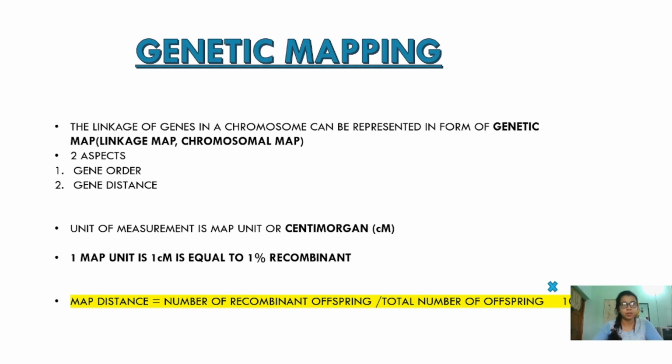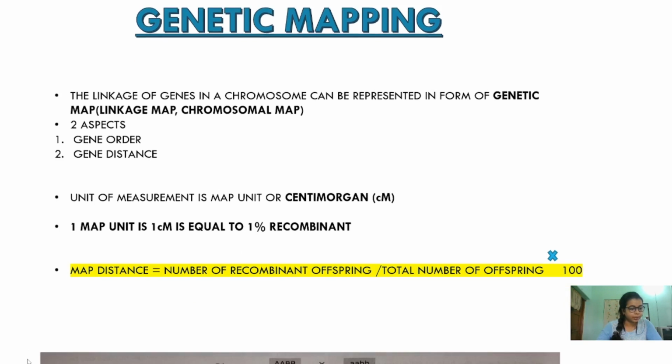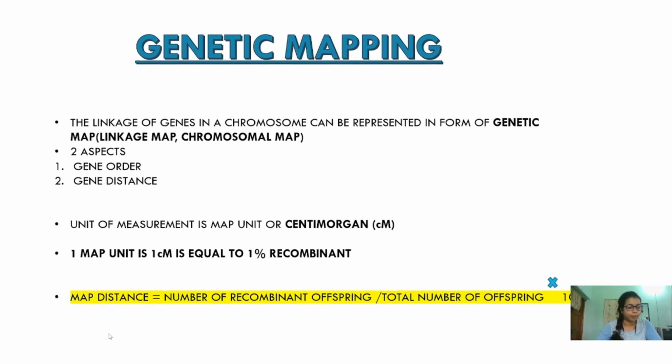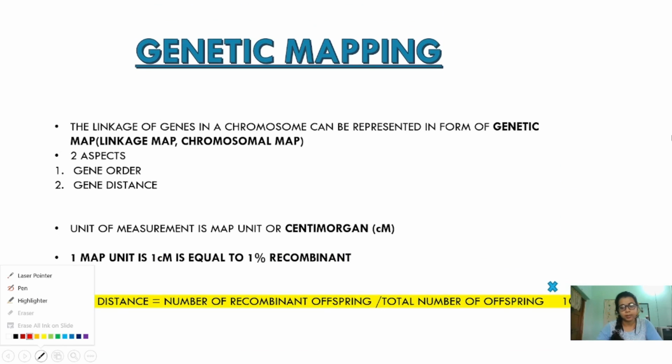Here is a very simple formula for the map distance, which we already discussed in the previous video regarding recombinant frequency. The map distance is equal to the number of recombinant offspring divided by the total number of offspring, times 100.